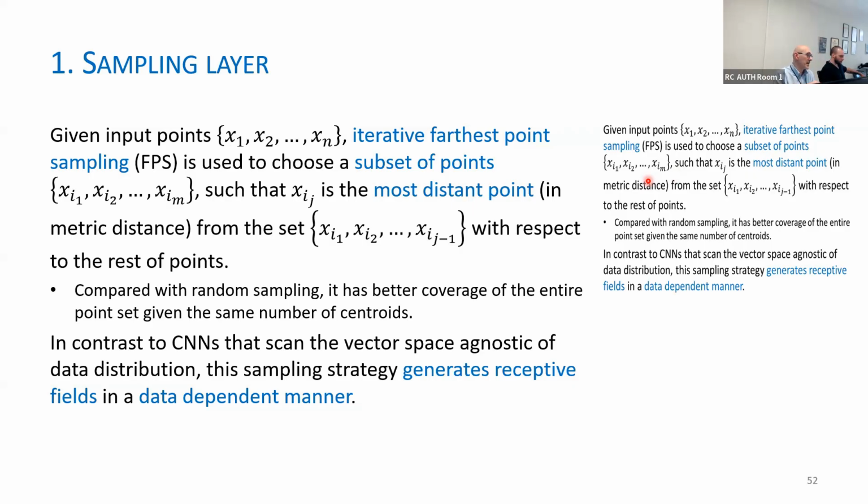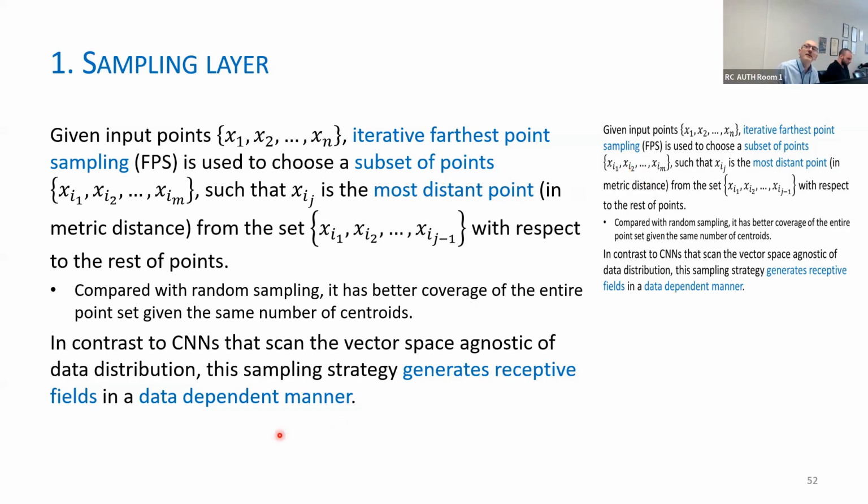It is an algorithm where you start with a point that you can take randomly, and then the next point that you select is the farthest one from this set, and then you proceed in this way. So each time the set increases by one point, and the next point is the point which is the farthest one from the set. The idea is that in this way you try to sample the whole set in the best possible way.